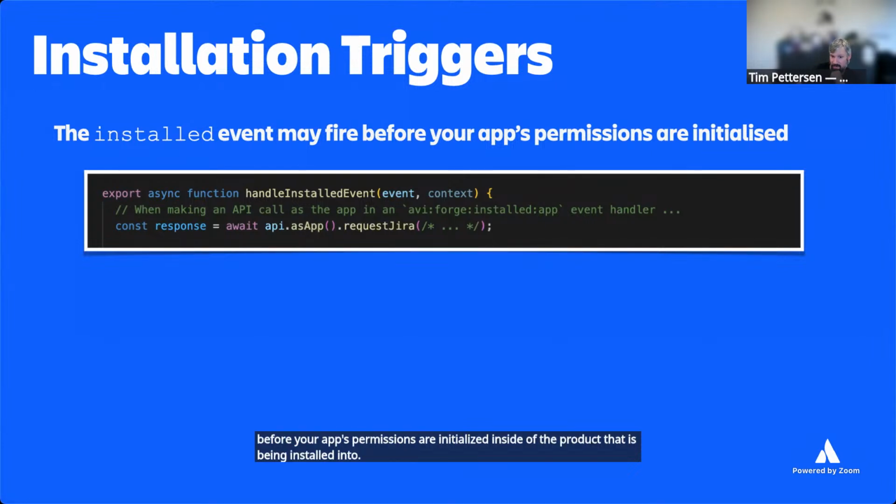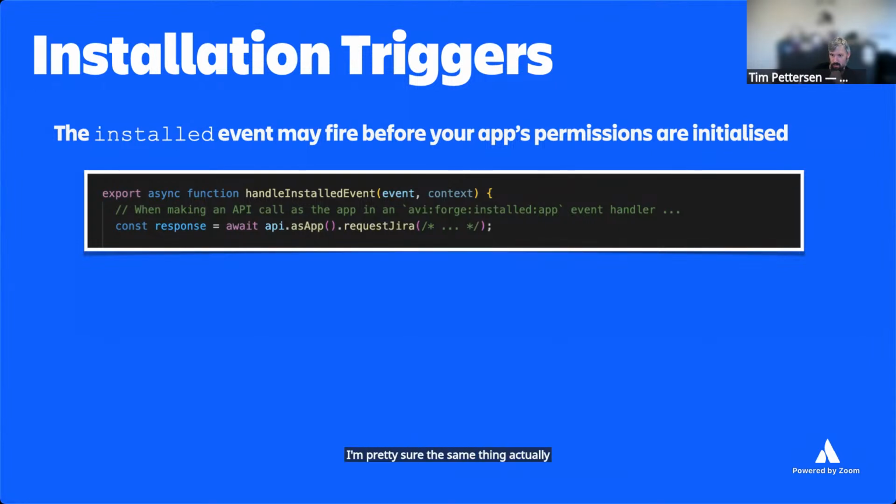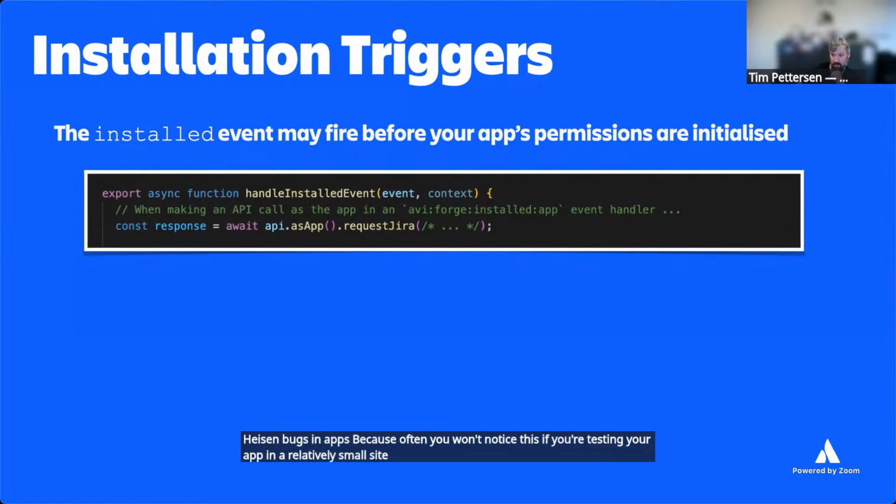I'm pretty sure the same thing happens with the Atlassian Connect framework as well, but it can lead to Heisenbugs in apps because often you won't notice this if you're testing your app in a relatively small site. You'll run into this problem if you install your app into a very large site that has lots of Jira projects or Confluence spaces.